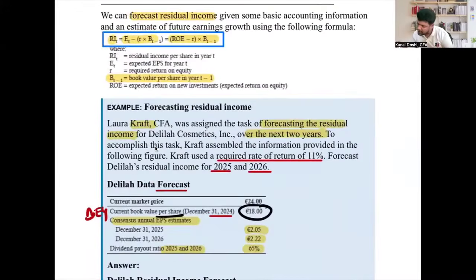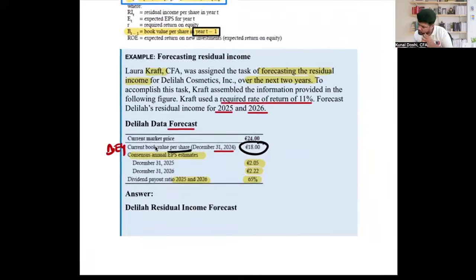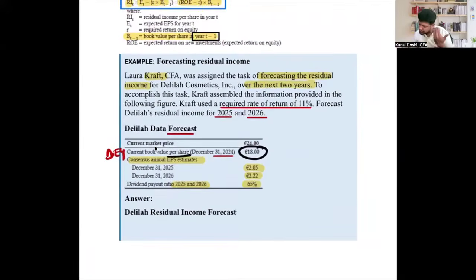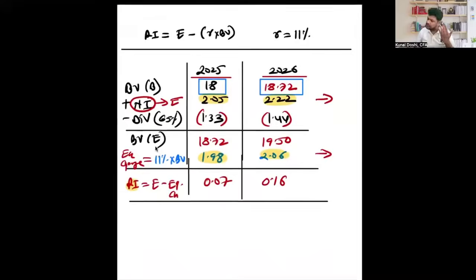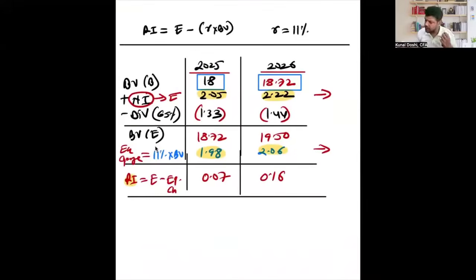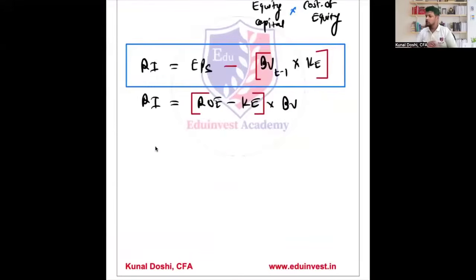Forecasted book value in year t minus 1. No, we take the beginning value, correct? Value per share in year t minus 1. So it's current book value only. Am I correct? Yes. Current book value, right? Okay. So here we multiply that with the book value.